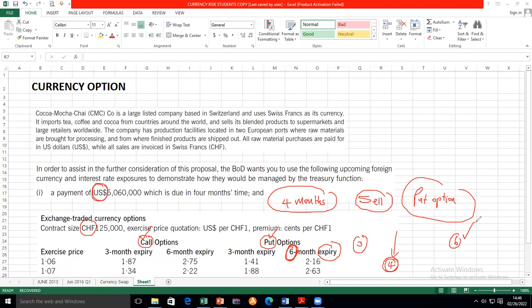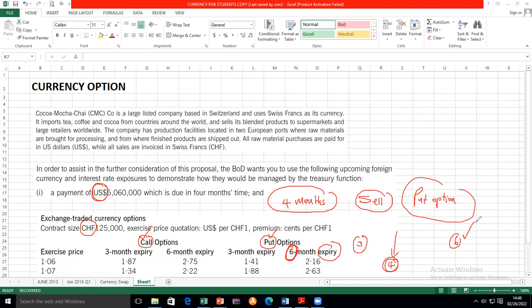So you pick the option that expires after, the first one to expire after. If you get the one which expires in 3 months' time, the option will have expired, but the transaction is still coming.